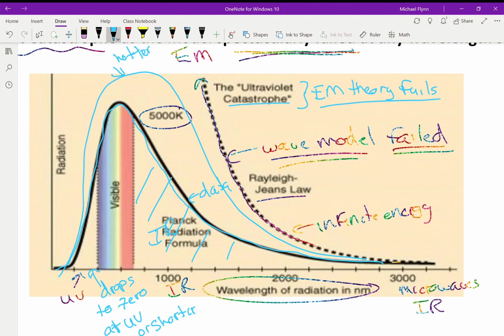You've got the greatest theory ever put together, the most successfully tested theory in the history of science, but it fails to explain this. Attempts were made to modify the theory so that you would get the data that actually comes from the object, and they fail every time. Trust me, they tried for decades to fix it.